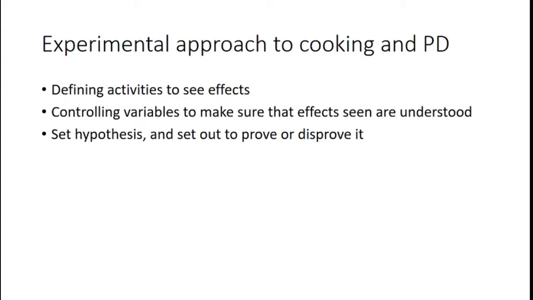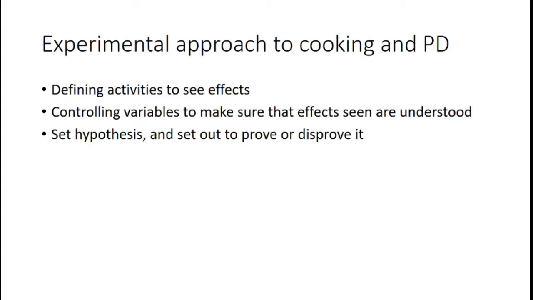So we want to also make sure that we're controlling for all sorts of variables. Because again, different things in the environment around us as we're doing our experiment can impact the experimental outcomes, and those can then skew what we're observing in our experiment. Not every variable we can control, but we want to be aware of what's impacting our experiments.